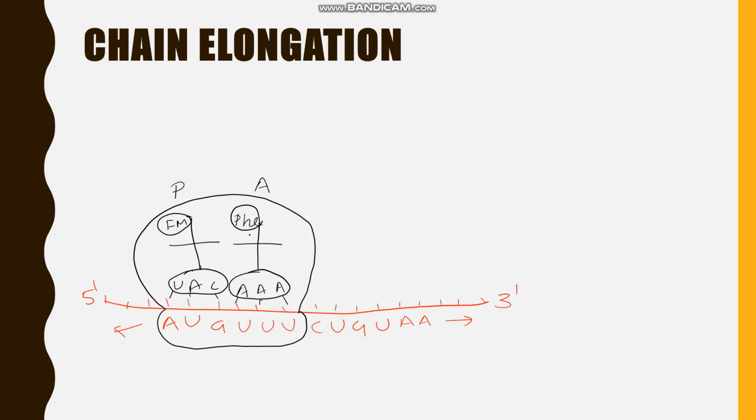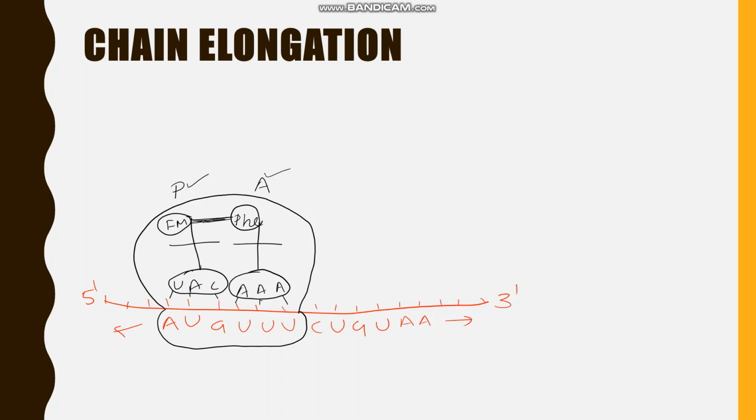Now, after the arrival of aminoacyl tRNA to the A site, there will be the formation of a bond between the amino acid found in P site and A site. The bond formed between the amino acids found in P site and A site is called as peptide bond.